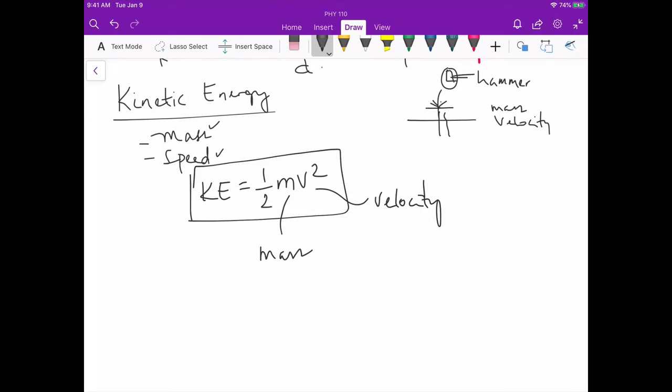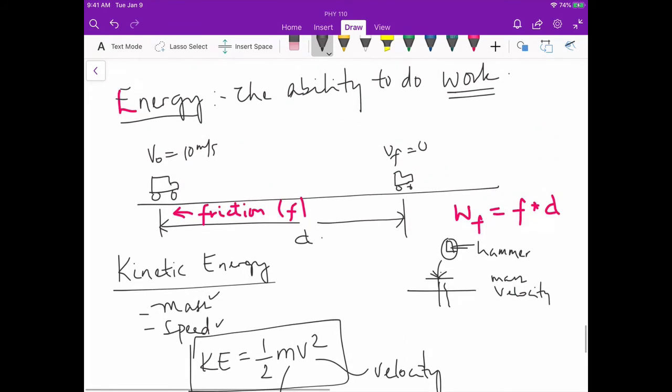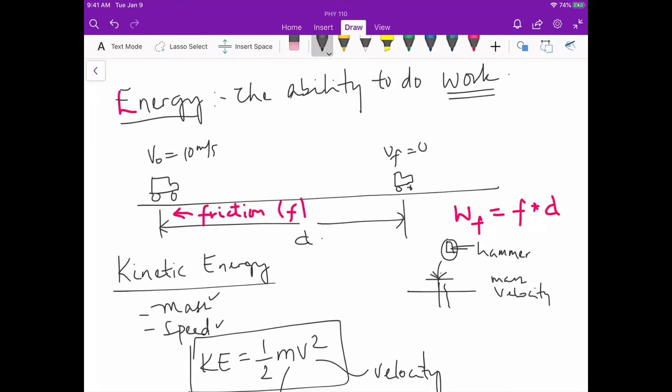So that means when we come to here, you see the car started with a certain kinetic energy, and it ended up with 0 kinetic energy.